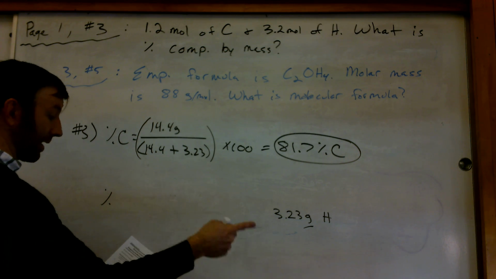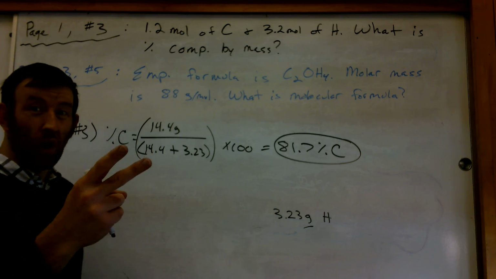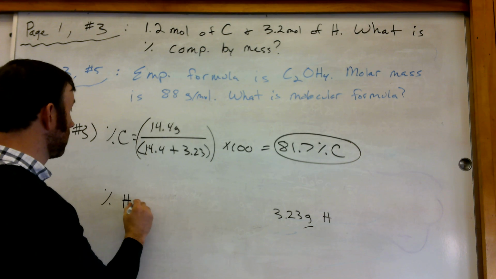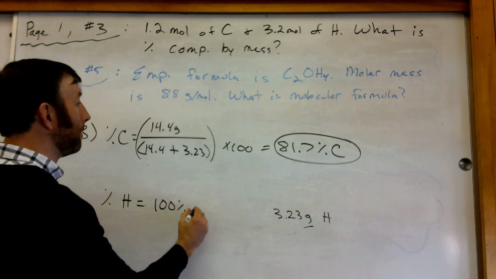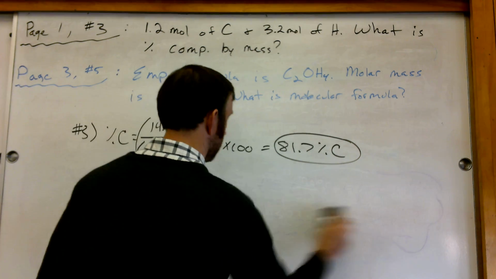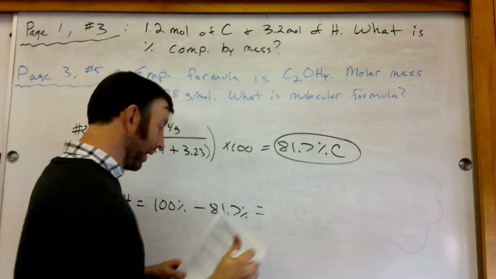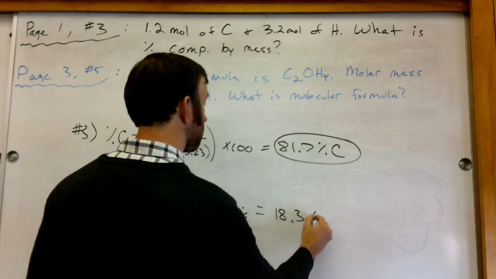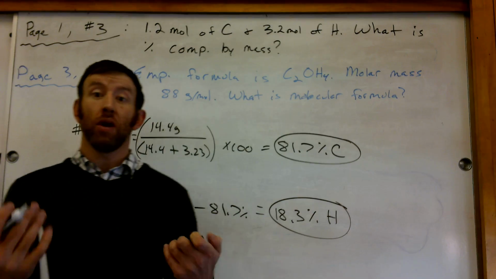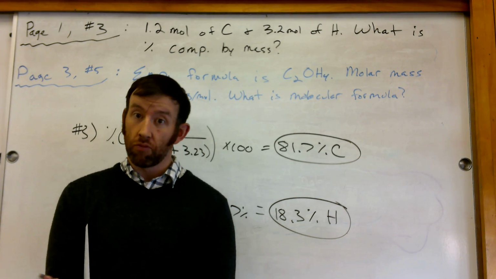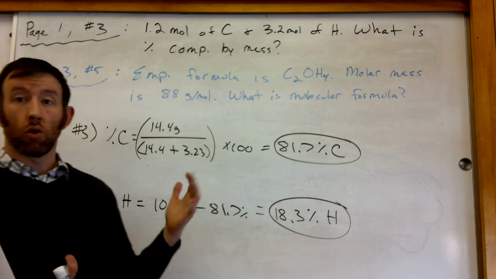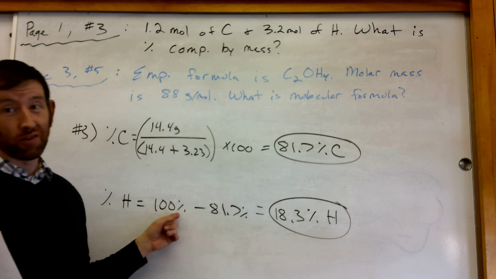I can plug it back into an equation, or since there's just two elements, the easy thing to do is just to go 100% minus 81.7%, equals 18.3% hydrogen. There's my answer. Now, if you have more than two elements in a formula, so you have more than two masses to deal with, of course we can't just subtract from 100 for that second one.